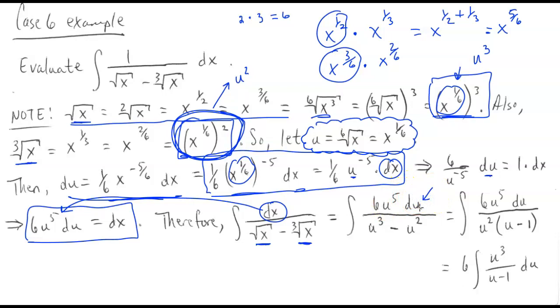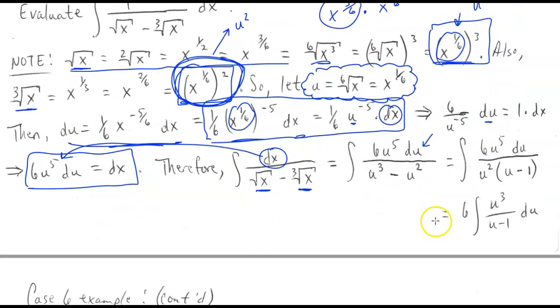So now I have a situation where I have a rational function in my integrand. I know that both of these terms have a common factor of u squared, so I'll go ahead and factor that out. And then of course u to the 5 divided by u squared, that's just going to be u cubed, and that's what I see here.